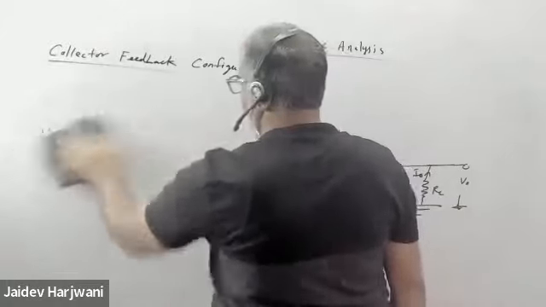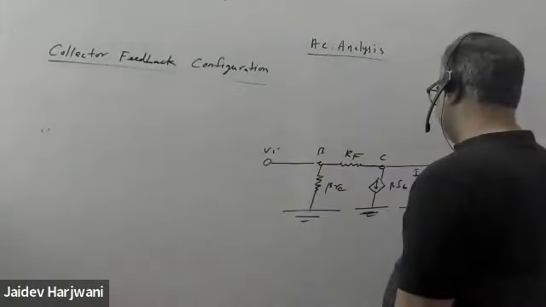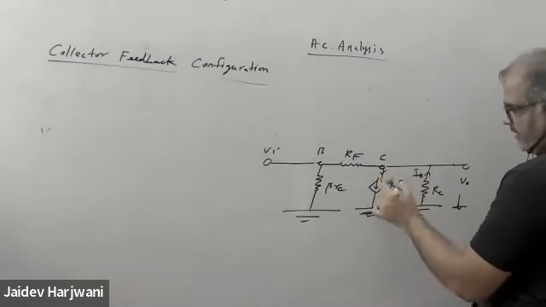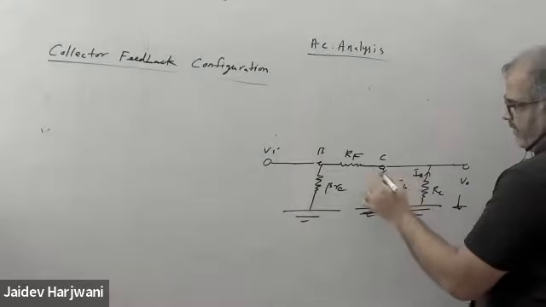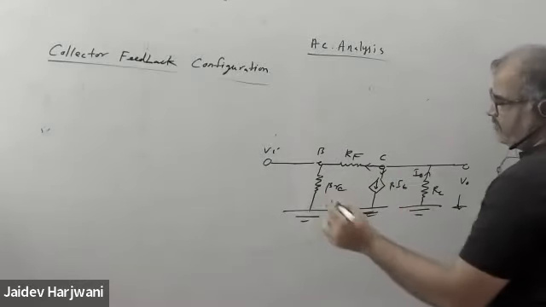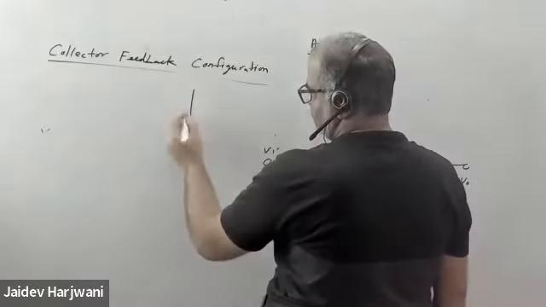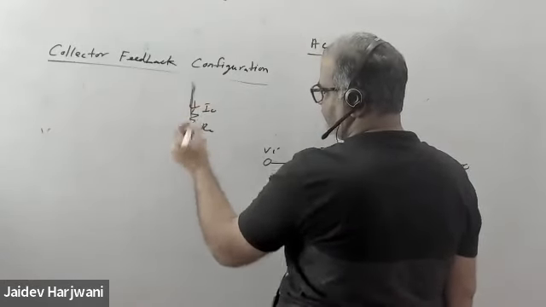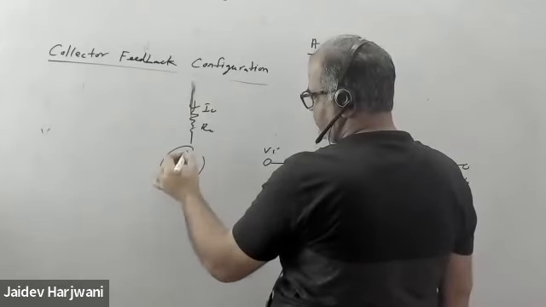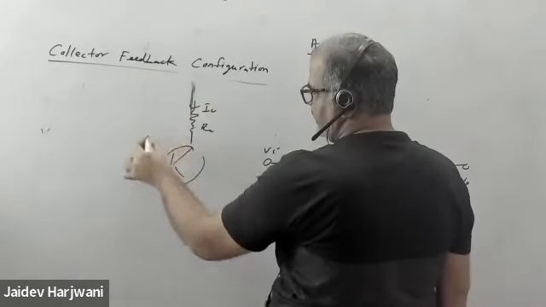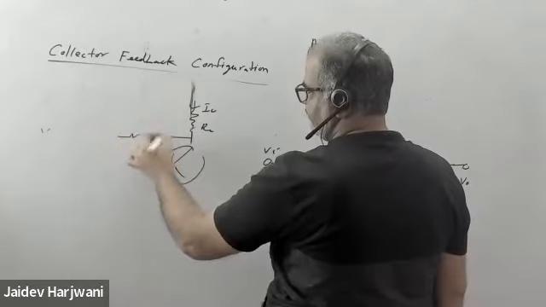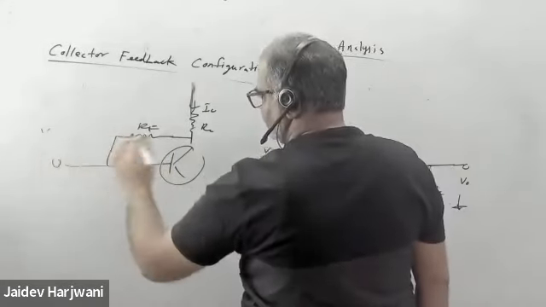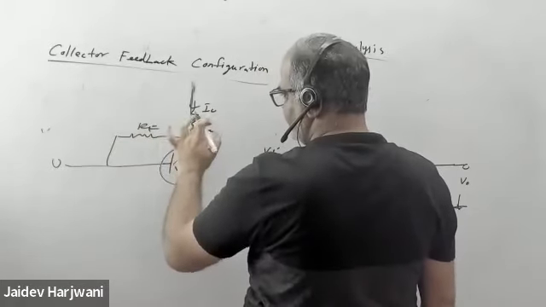Now we need to calculate. Here I0 current is coming, and the current beta IB is going here. But some current is coming here also. If you see the circuit here, we have RC. I0 current was coming, and the feedback is also there, and this is making the base current again. So some current from I0 is going here also.